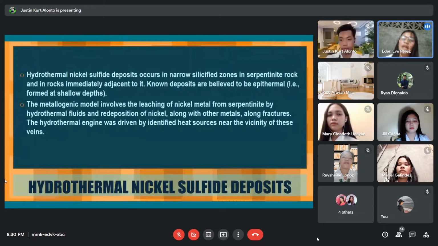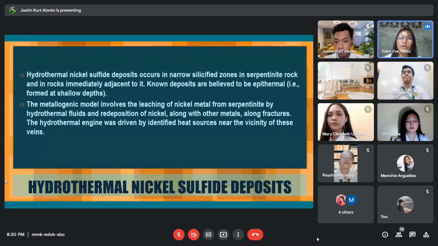So these are the deposits that form at shallow depths. So we can find the deposits at the shallow depths only, then deposited from warm waters under conditions in the lower ranges of temperature and pressure.